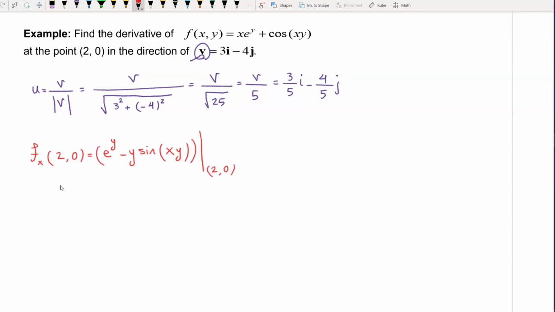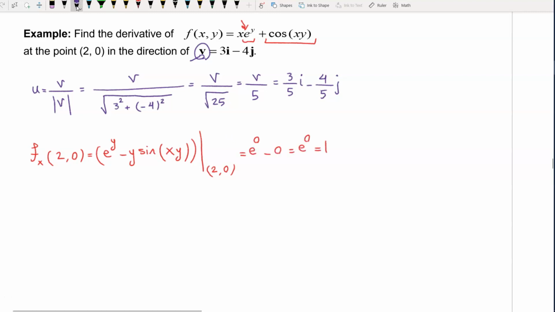The partial derivatives of f are everywhere continuous and at (2, 0) are given by the following. Here we have the partial derivative with respect to x at this point. This is e to the power y minus the derivative of cosine of x times y with respect to x, which is y times negative sine of xy, evaluated at the point (2, 0). So using 0 for y, we have e to the power 0 minus 0 multiplied by this part. This is 0.